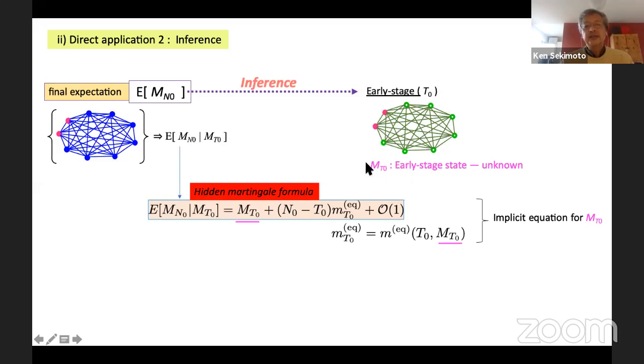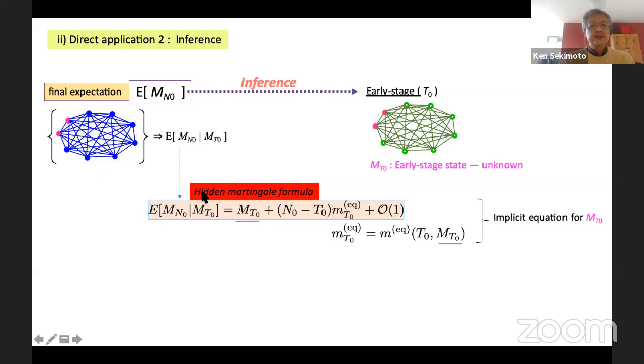This value is fixed, but we don't know it. Instead, we only have the expectation value of the final total frozen magnetization. So the question is, given this total frozen magnetization, how can I find the frozen magnetization at the early stage?